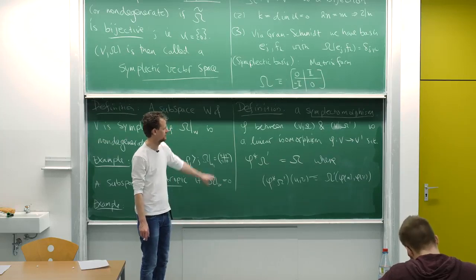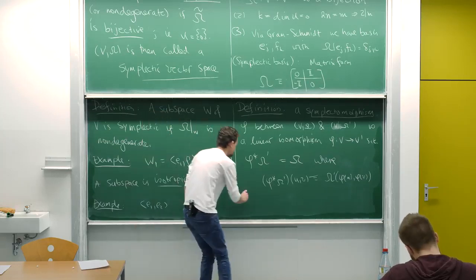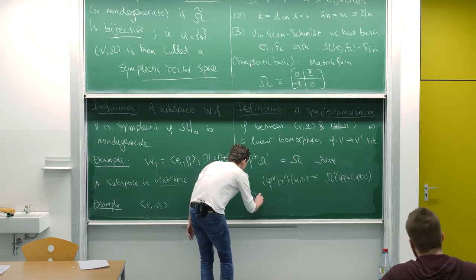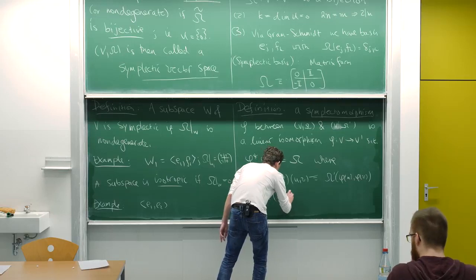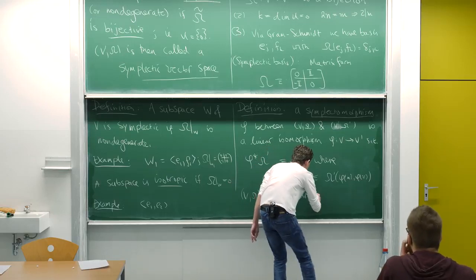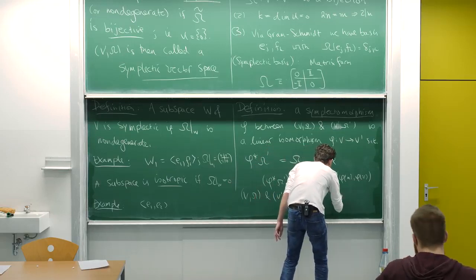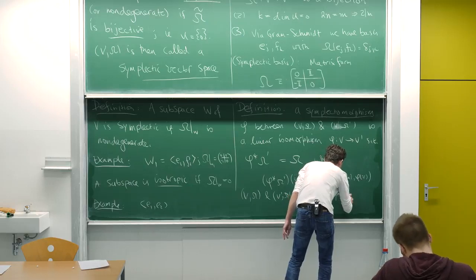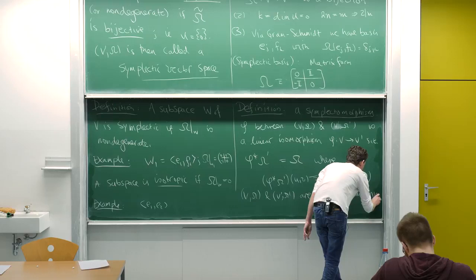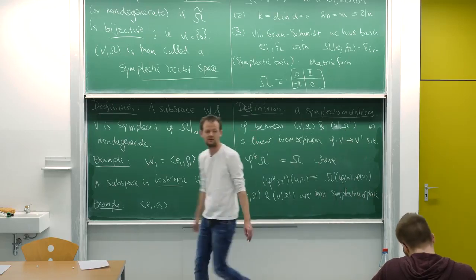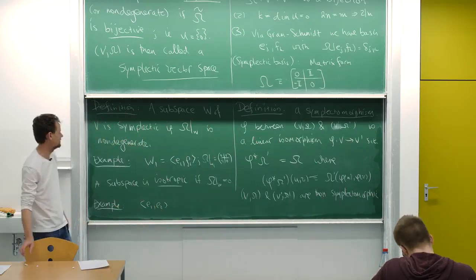When such a map exists, then these two spaces are symplectomorphic.